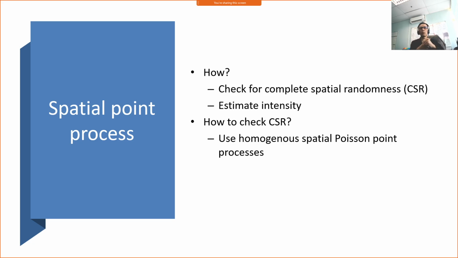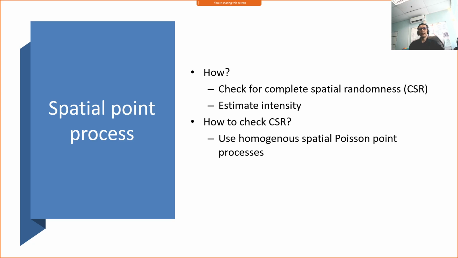That's number one. You can also estimate the intensity, so you can count the number of points. For example, you can count the number of dengue cases in Kota Baru, Pasir Putih, Machang, Kuala Krai, and then you can estimate the intensity.